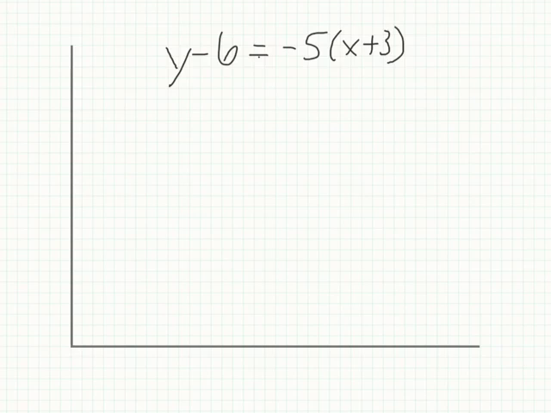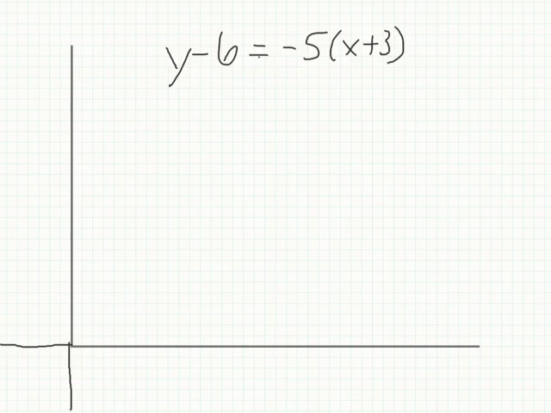All right, so what we have to do is look back at our formula and what we have here. So we were told that our point is -3, 6, so what we're going to do is make our first point. So we're going to extend that out.